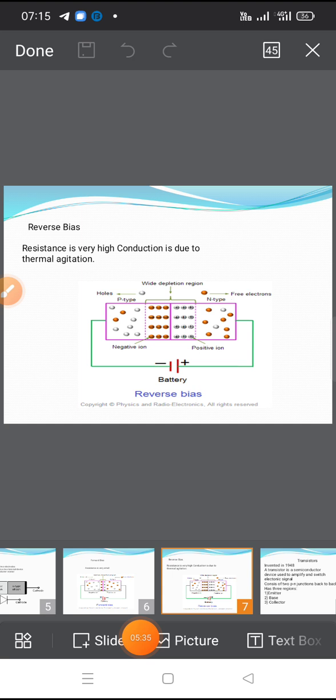This slide shows the reverse bias of the PN junction diode. When the P-type semiconductor is connected to the battery's negative terminal and the N-type is connected to the positive side, the PN junction is reverse biased.